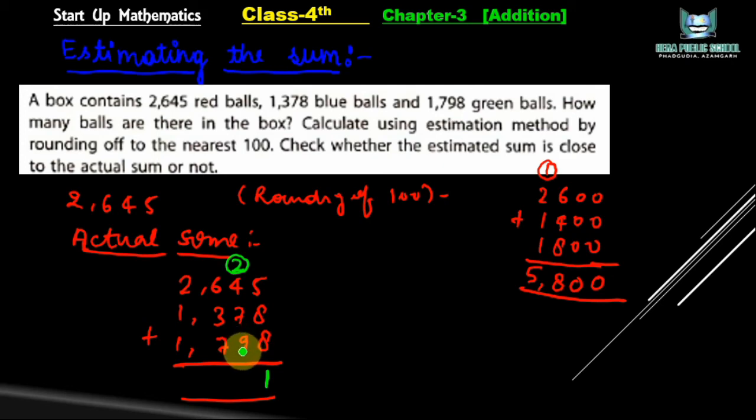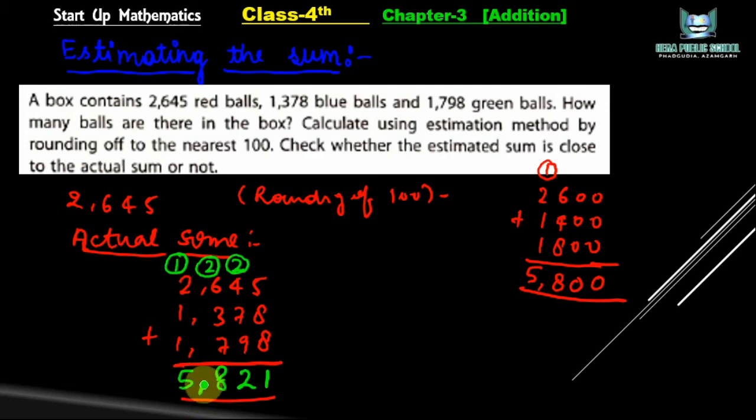And if we add 2 in 20, we get 22, and we get 2 as a carry. 6 plus 3 is equal to 9, and 9 plus 7 is equal to 16, and plus 2 carry is equal to 18, and we get 1 carry. 2 plus 1 is equal to 3, and 3 plus 1 is equal to 4, and if we add 1 carry in 4 we get 5.